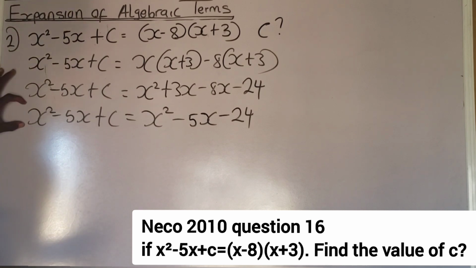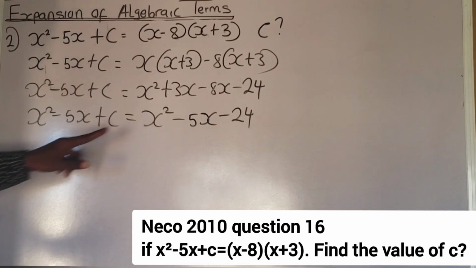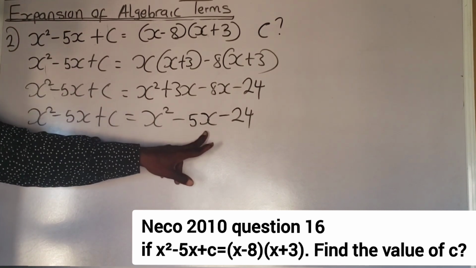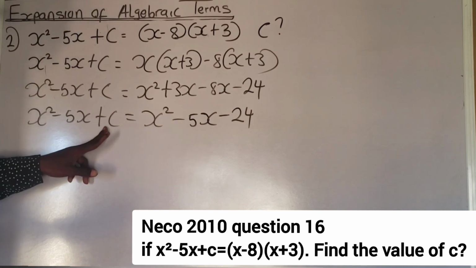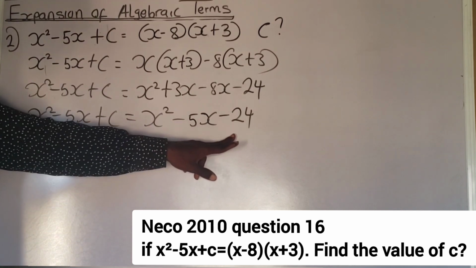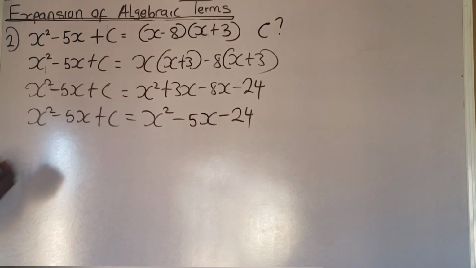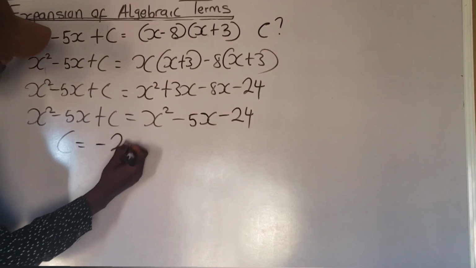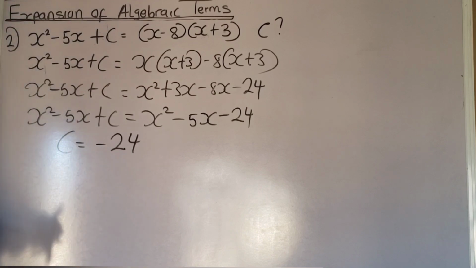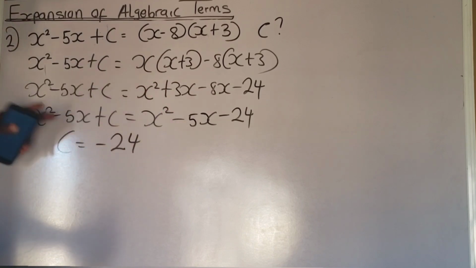You can see that we have x squared here, I have x squared here, the same. I have negative 5x here, I have negative 5x here, the same. Now I have positive c here, I have negative 24. That means that c is equal to negative 24. Do you understand what I'm saying? That is the value of c that makes this equation equal to this.